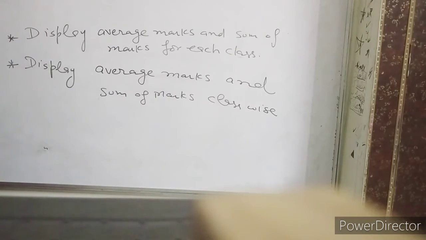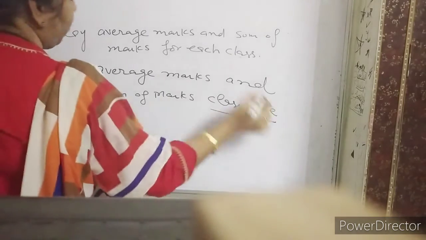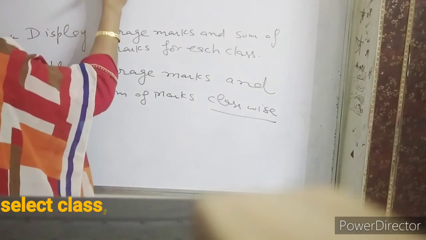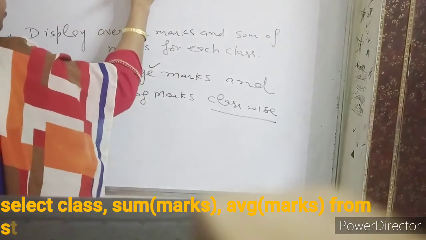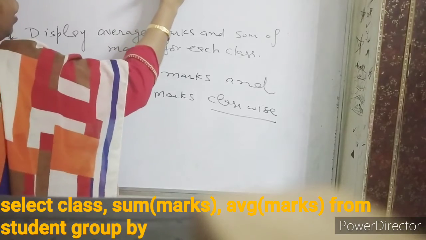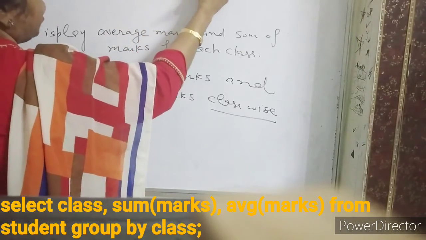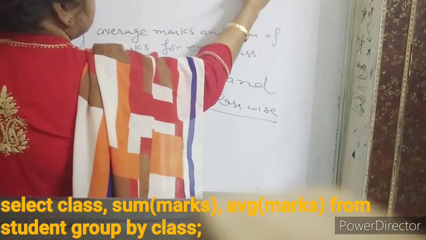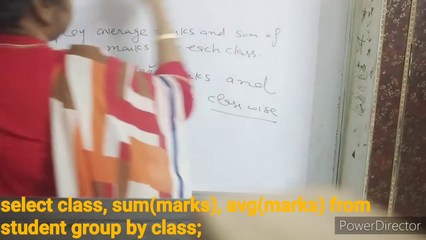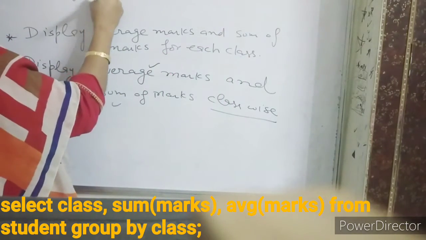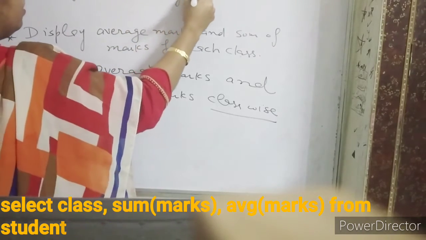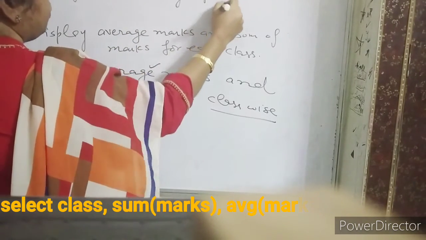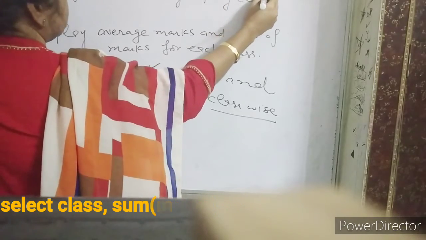Select, class wise, right here class, comma, what are my aggregates, average and sum, AVG marks, comma, SUM marks, these are my aggregates, from student group by class.